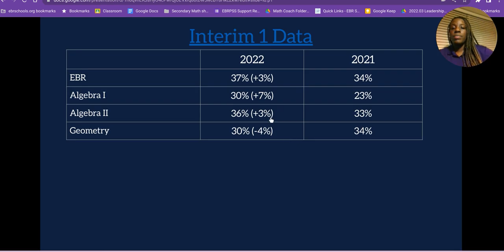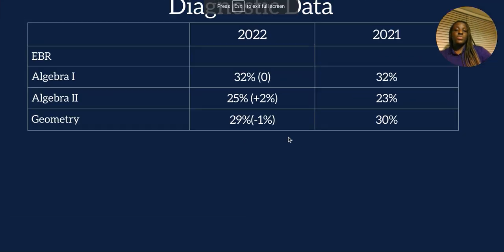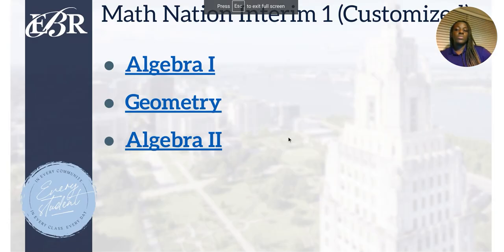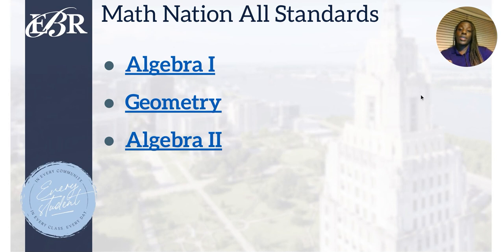So going back to here. If you notice, I'm going to my Math Nation Interim 1 customized document. Or you can utilize this one. I also made it to where there's one where it is not customized just for Interim 1. It has all the Louisiana standards for Algebra 1, all the Louisiana standards for geometry, and so forth for Algebra 2.